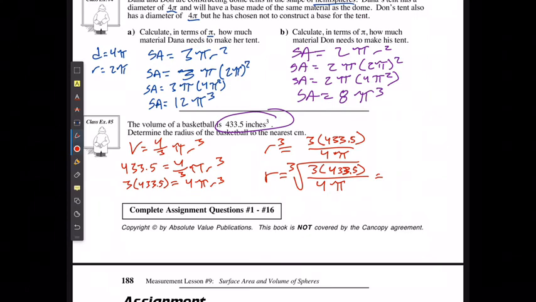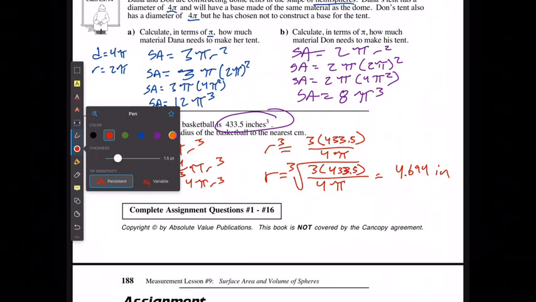If I'm going to the nearest centimeter, then if this was in terms of inches, this would be 4.694 inches.